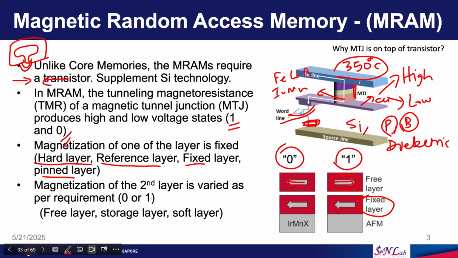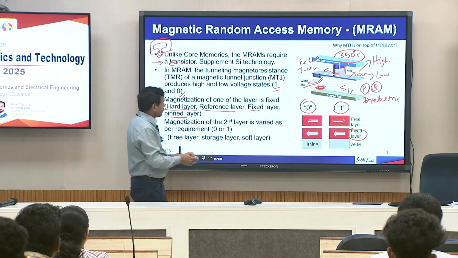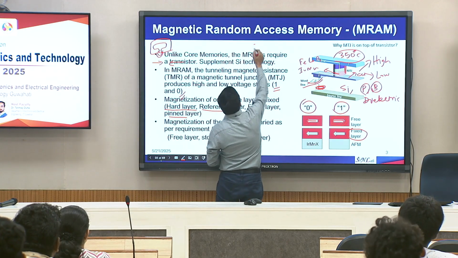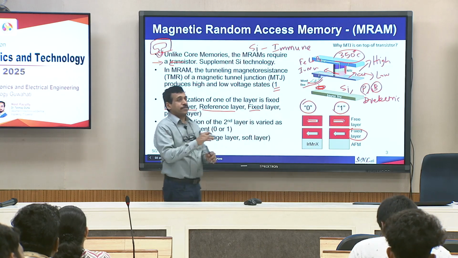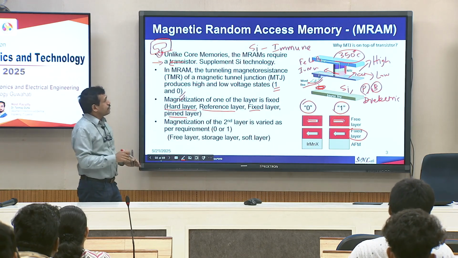So, we want to keep the semiconductor technology immune to everything else we do for MRAM. We do not want these things to be affected by whatever we do at the top. That is why we keep all the semiconductor related parts at the bottom.